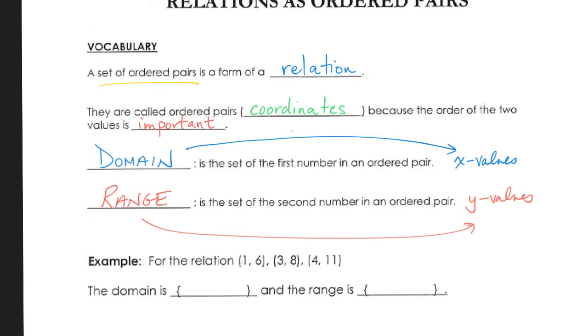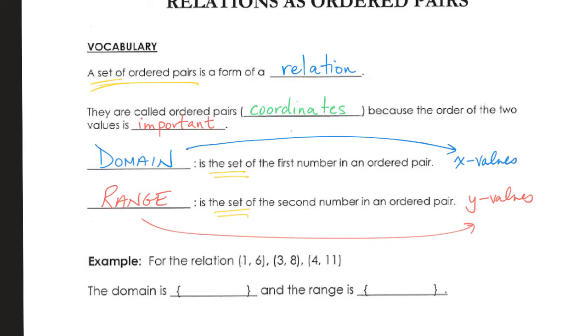Notice that within each definition you've seen the word set. My guess is we probably glossed over that a little bit, because we're so focused on domain, x values, range, y values. Even at the very beginning, when we talked about a relation, it was a set of ordered pairs, and every time we give a set as an answer, we have our brace brackets.